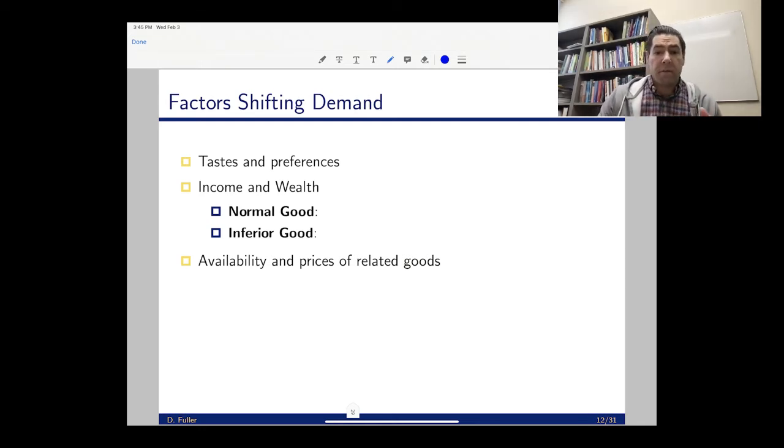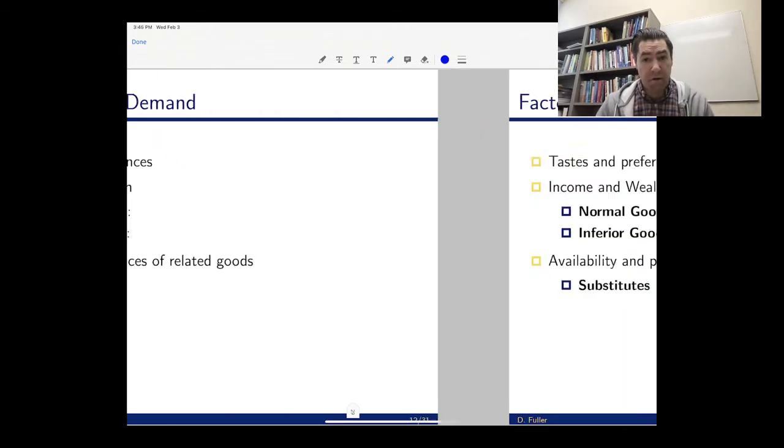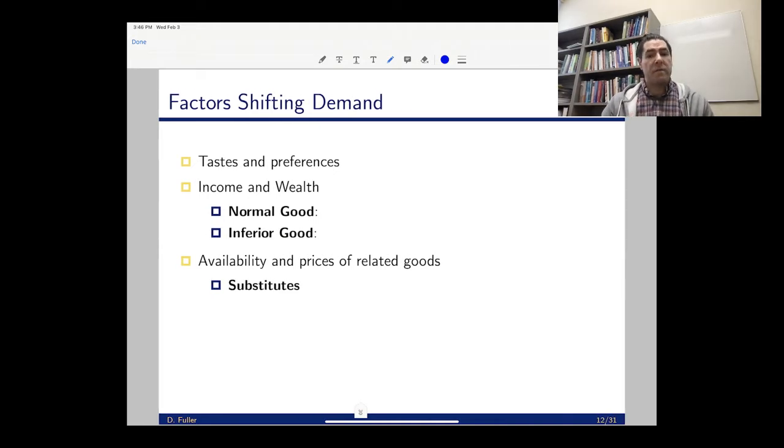So our last little bit here of understanding what all shifts the demand curve has to do with the prices and availability of other goods in addition to the one that I'm purchasing. And so again, similar to income and wealth, we're going to have to break goods down into two different groups.